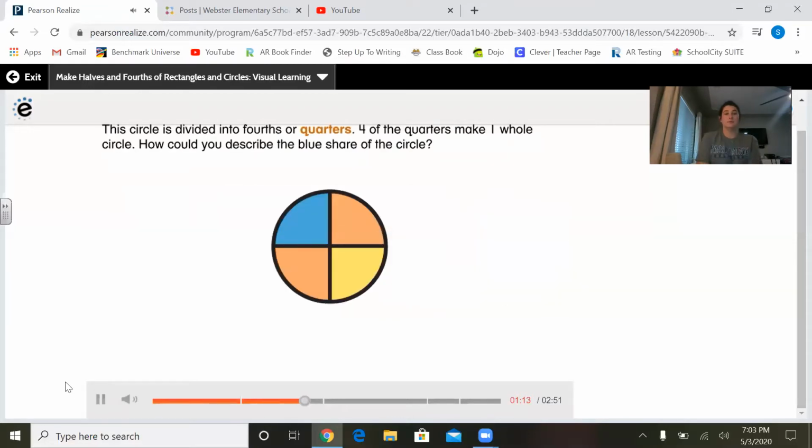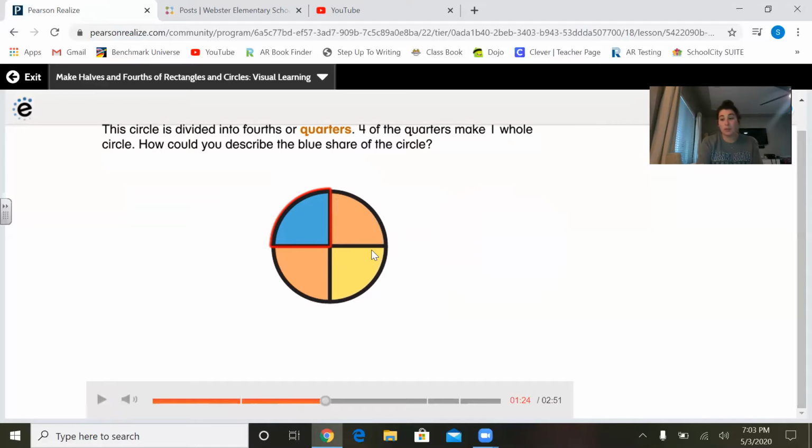This circle is divided into fourths, or quarters. 4 of the quarters make 1 whole circle. How could you describe the blue share of the circle? So really fast, when we have a shape that is cut into 4 shares, that is called fourths or quarters.